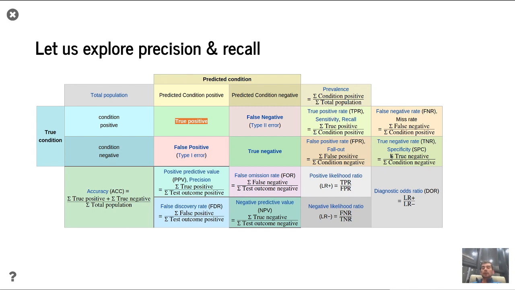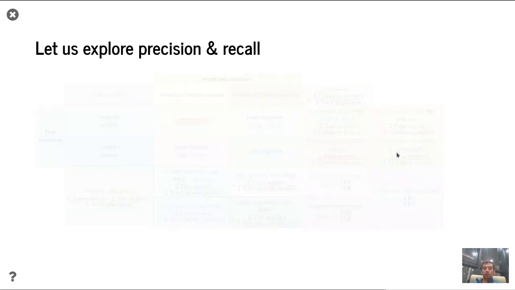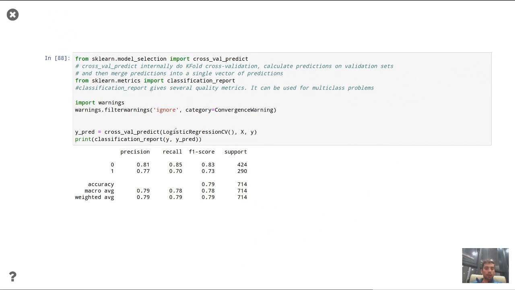Sensitivity and specificity are connected in that sense that specificity is actually recall for zeros. So you can calculate recall for zeros. For example, you can extract it from a classification report. As you may remember, we have recall for both zeros and ones.